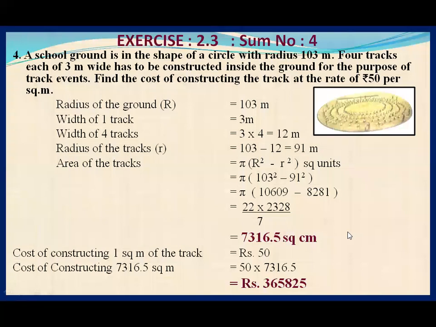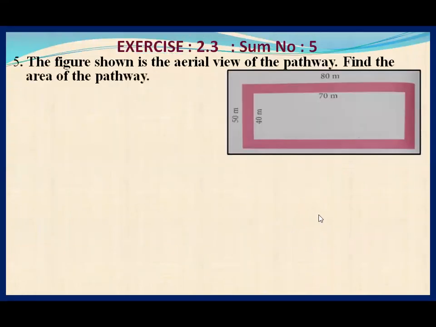So next we'll move on to sum number 5. The figure shown is an aerial view of the pathway. Find the area of the pathway. So what is in pink color, we have to find, the pathway. The inner rectangle has dimensions of 70 meter and 40 meter. The outer rectangle has the dimensions of 80 meter and 50 meter.